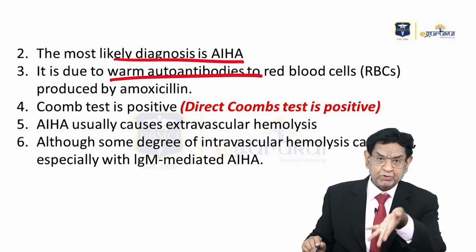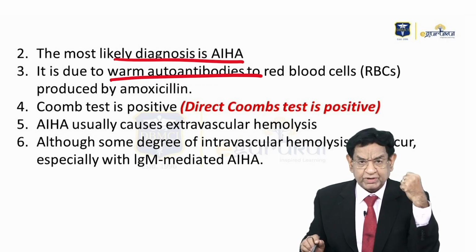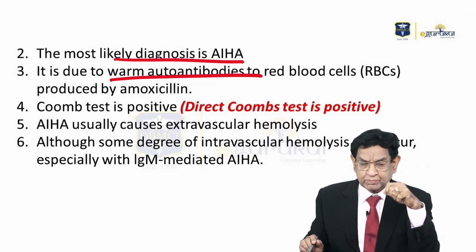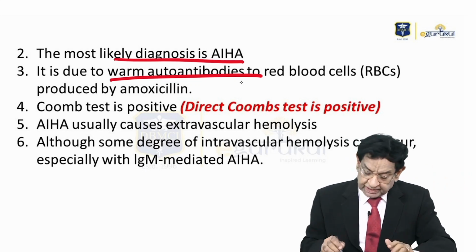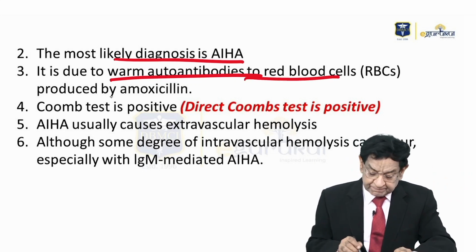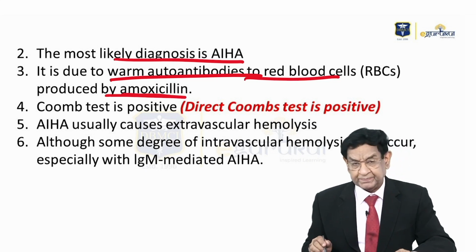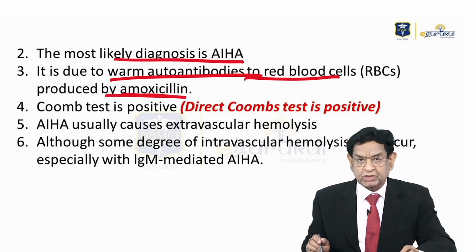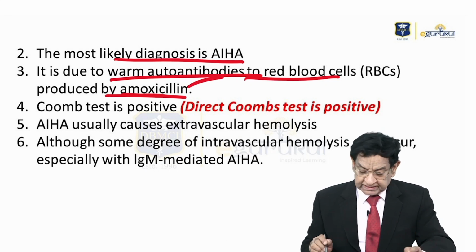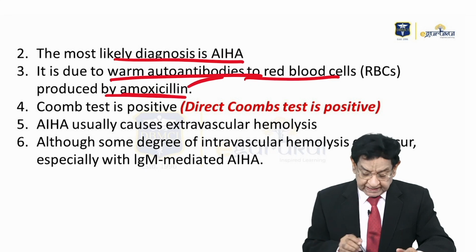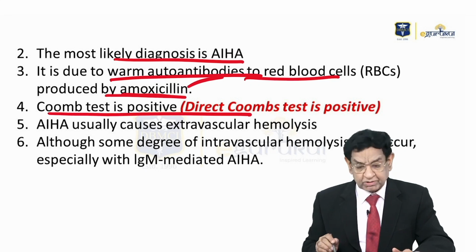The question I'm going to discuss now is where the antibodies have come from. How did the Coombs test become positive? That is the main point of interest at the moment. We are getting autoantibodies against the RBC produced by amoxicillin. We just read about the causes of warm autoantibodies: penicillin, and amoxicillin is a type of penicillin. So that can lead to a positive Coombs test due to amoxicillin.